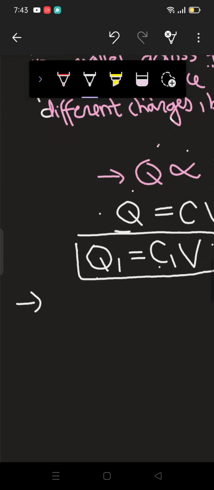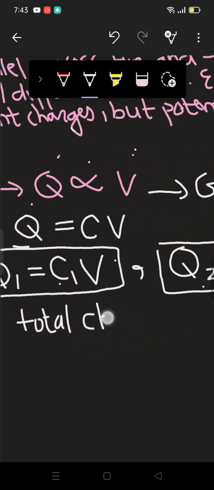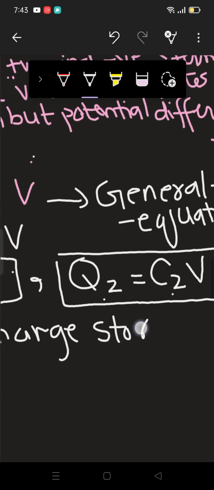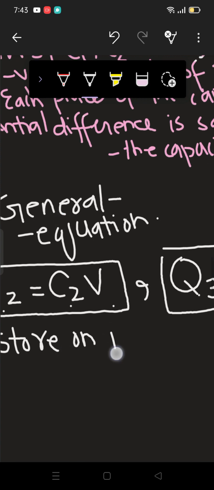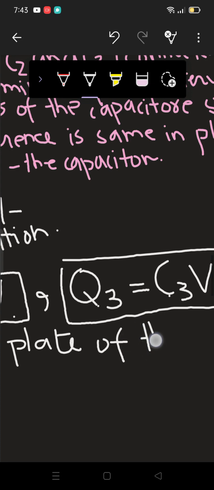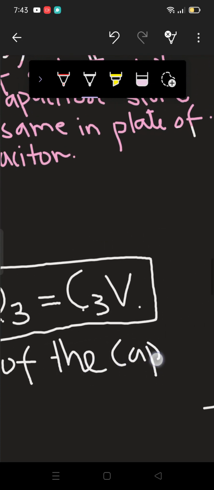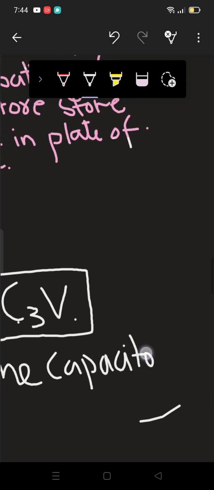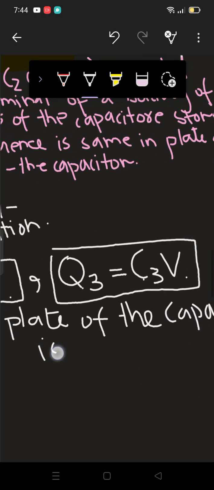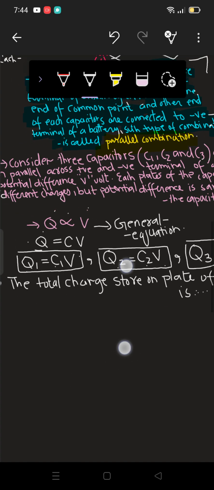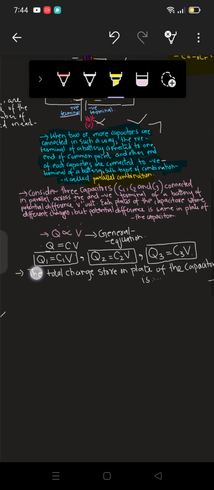So let me write here the total charge stored on the plate of the capacitor.